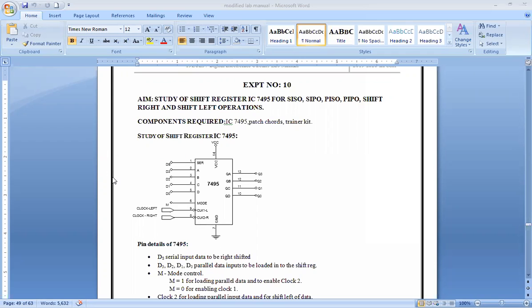So here in our registers, we have seen the right shift and left shift operations, and accordingly we have even seen these configurations in our theory: serial in, parallel out; parallel in, serial out; and shift right and shift left.